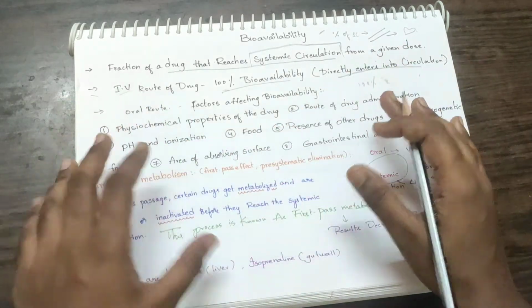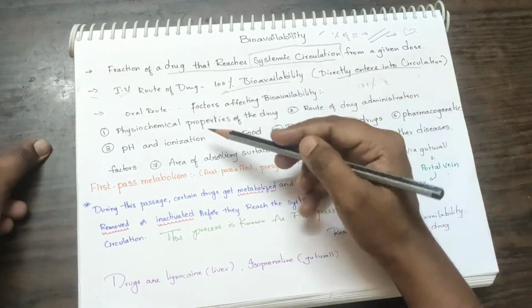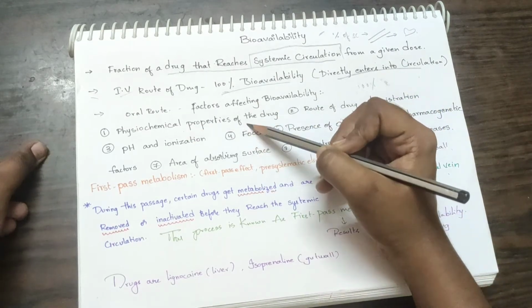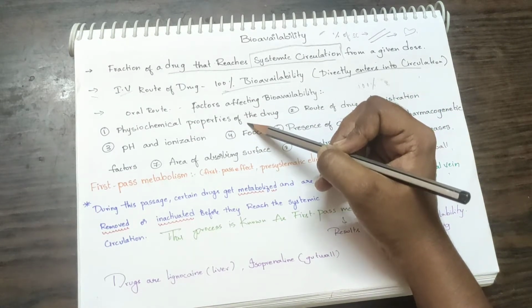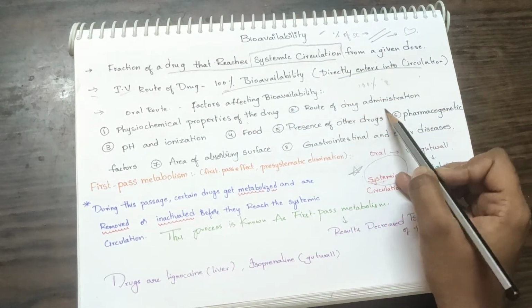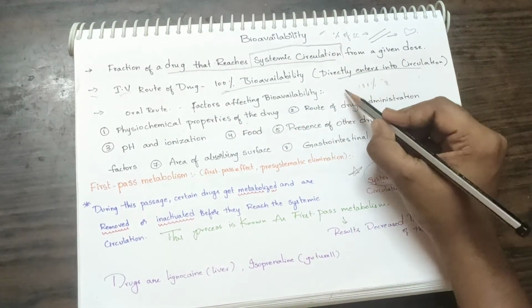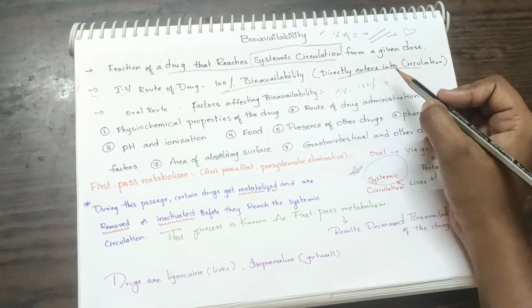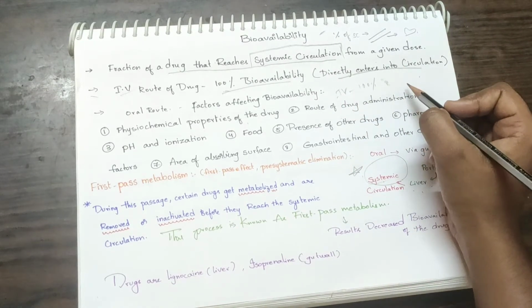There are many factors that affect the bioavailability, like the physiochemical properties of the drug, such as whether it is solid, liquid or gas. Route of administration also matters: previously I said the IV route has 100% bioavailability, so we have to count on the oral route.